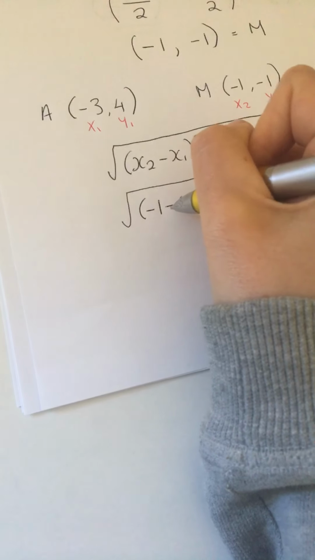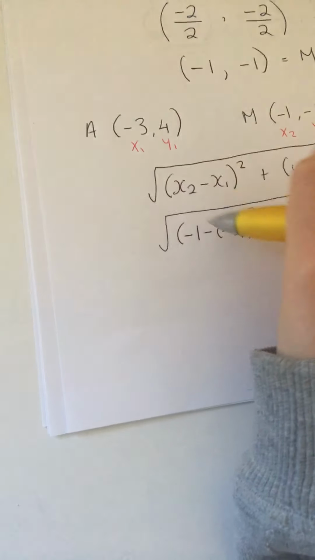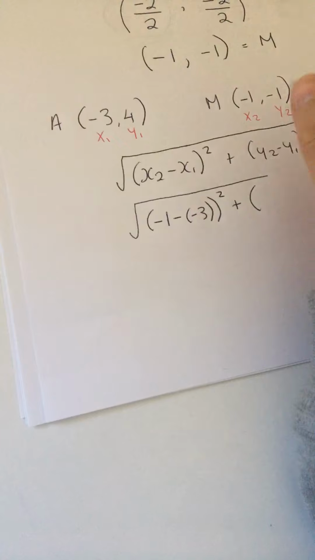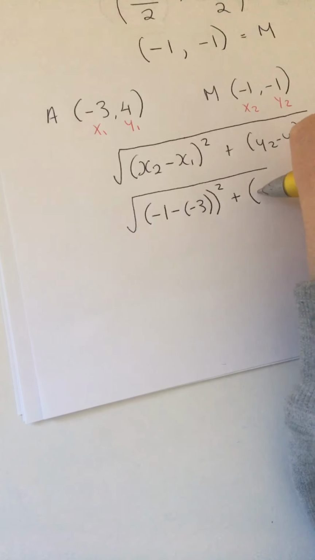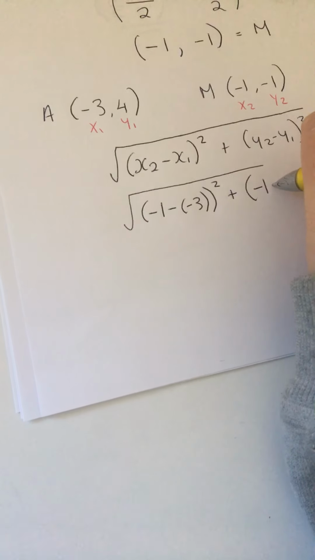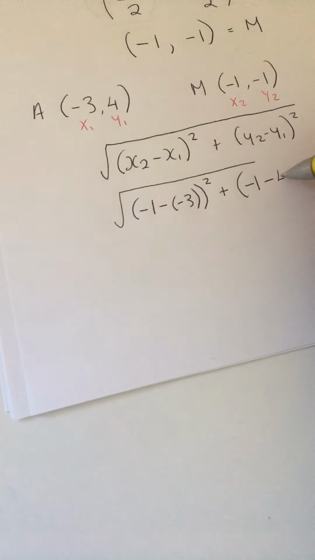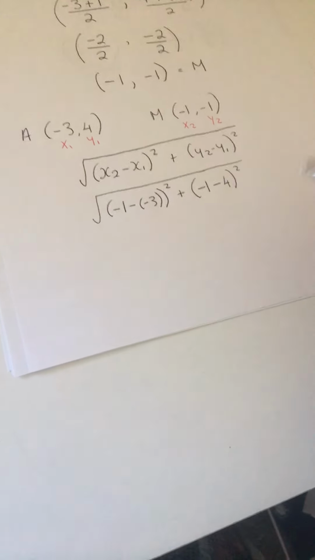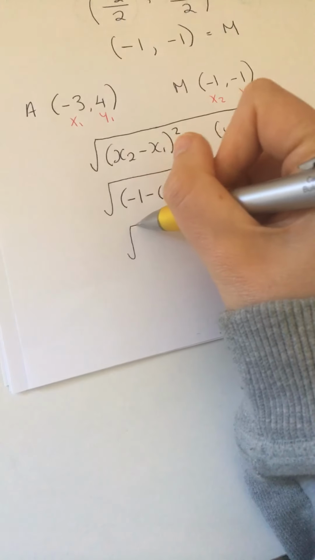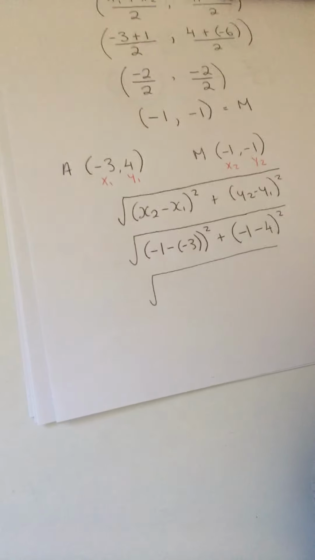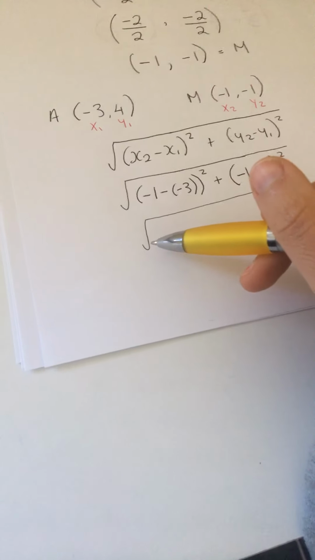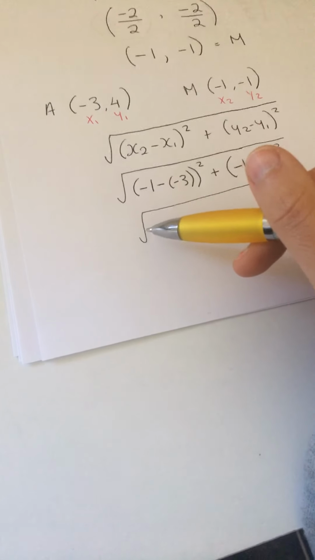There's 2 minuses, minus x1, minus 3. y2 then is minus 1 and y1 is 4, all to be squared. Now, as you're going down through the sum, do not lose the square root symbol. I was looking at some of your work, lads, and you start to leave out this. You will get the question wrong if you leave out the square root symbol.